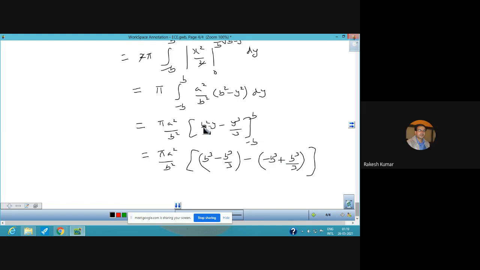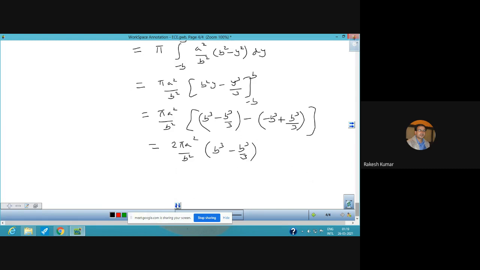Now this is 2 times pi a square over b square into b cube minus b cube over 3, because the same term is repeating 2 times. That is why I have taken twice.